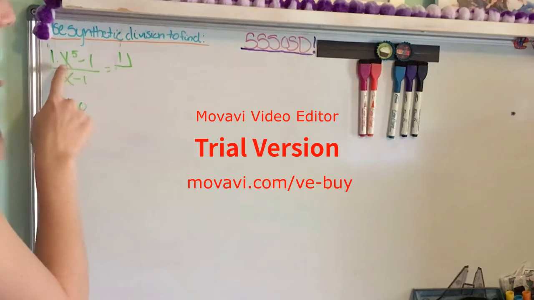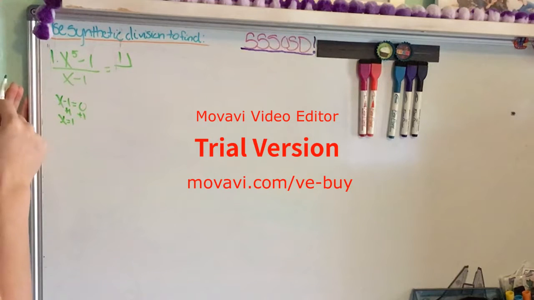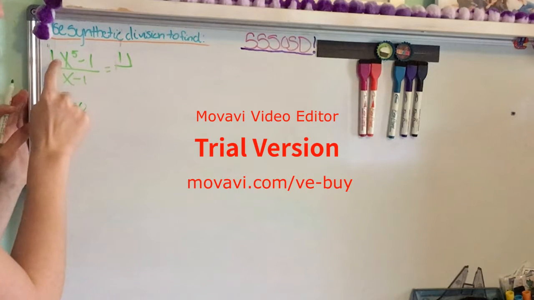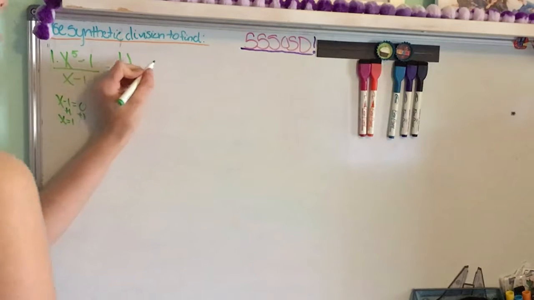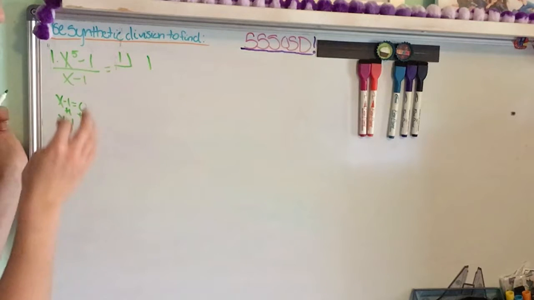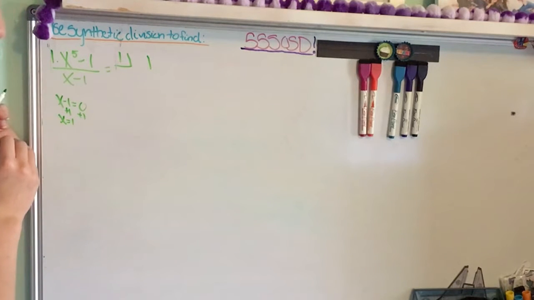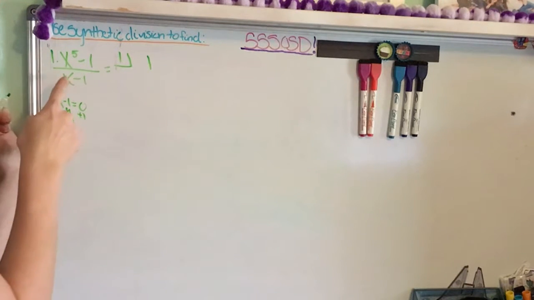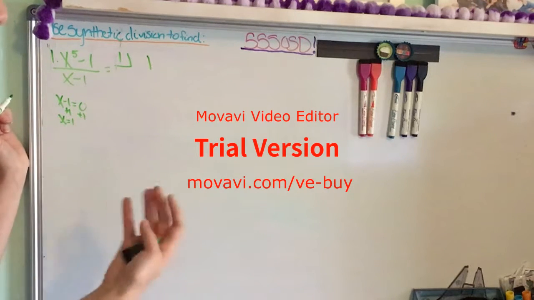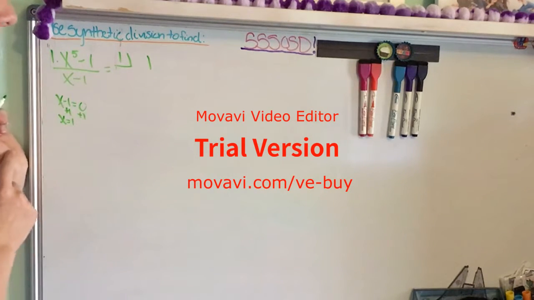So now you look to the top of the fraction that you're given, and that is your given equation. So we start out with 1x to the 5th, so we will put a 1 here because that is the coefficient that we are given. And so now you can see that we do not have any x to the 4th, x to the 3rd, and so on before our constant.